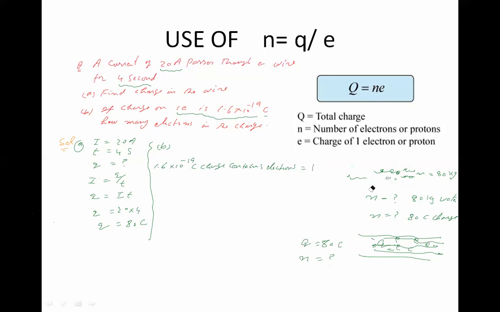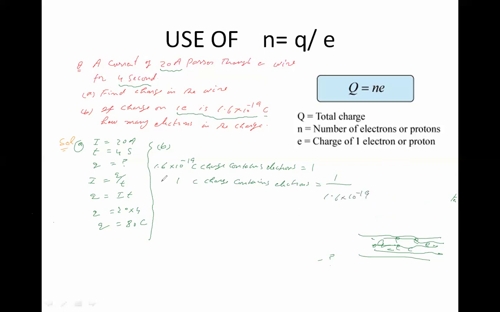Now, how many electrons are there in 1 coulomb charge? 1 coulomb charge contains 1 over 1.6 into 10 power minus 19 electrons.